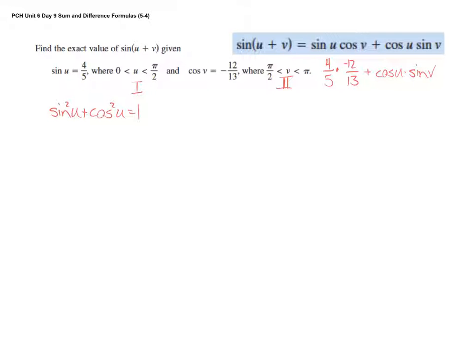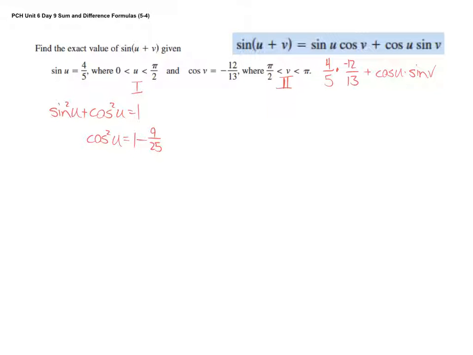Cosine squared is 1 minus the sine squared. Well, sine is 4/5, so it's 1 minus 4/5 squared.